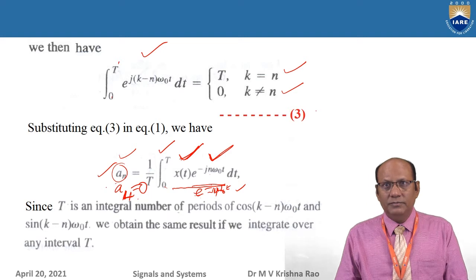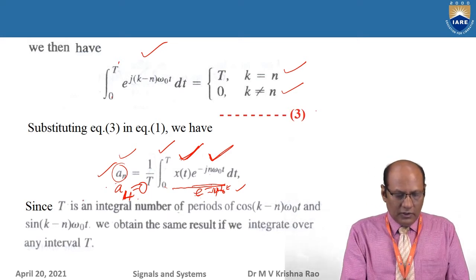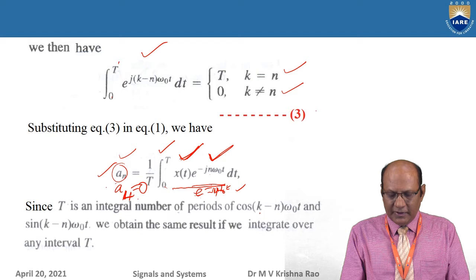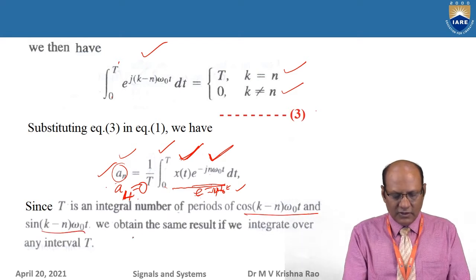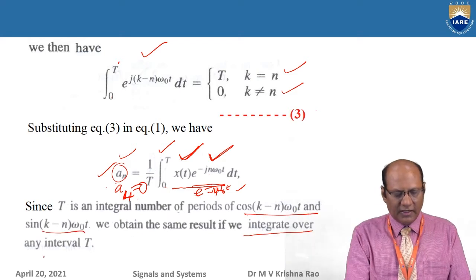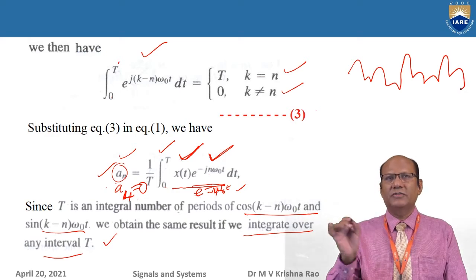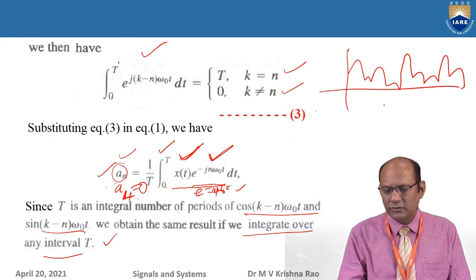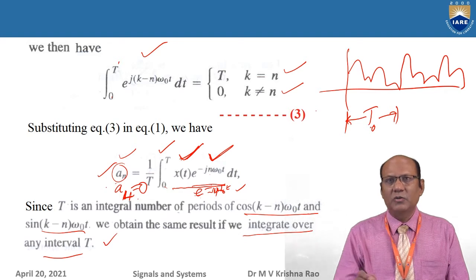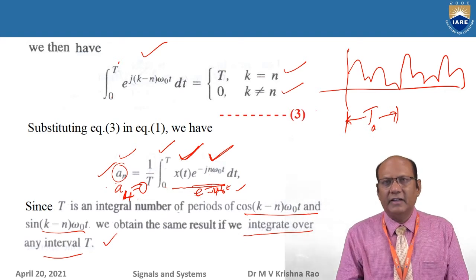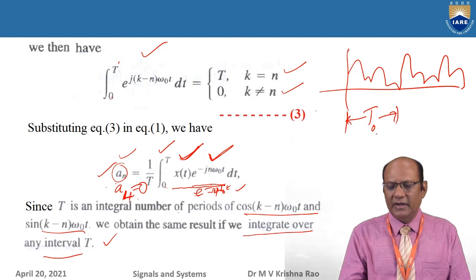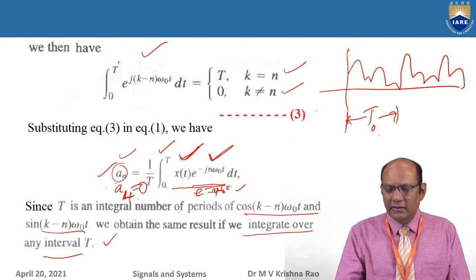Now, since T is an integral multiple of the periods, we obtain the same result if we integrate over any other interval. For example, let us say there are 3 harmonics contained in this signal, and I have taken T naught as the overall period of the resultant signal.